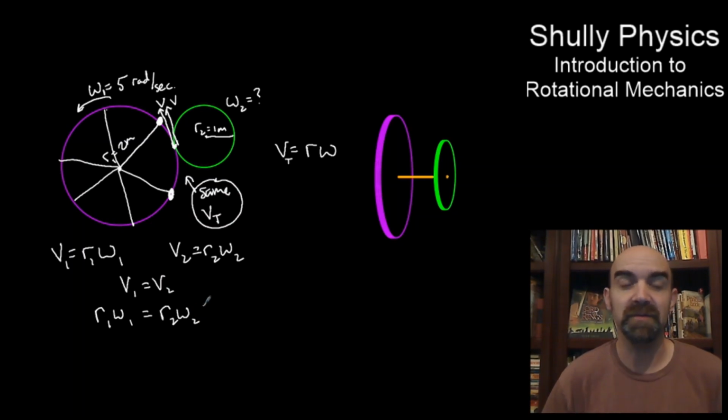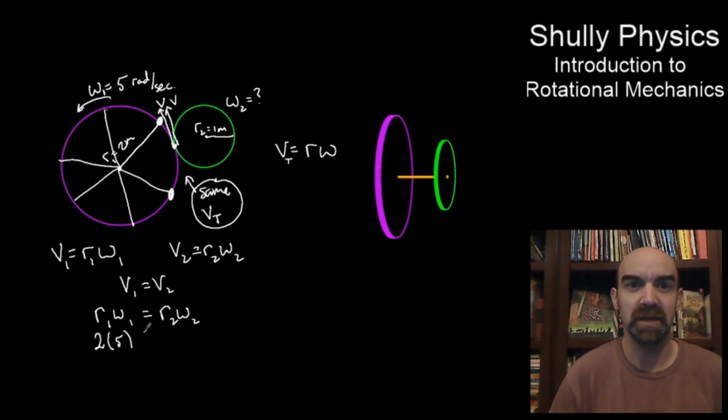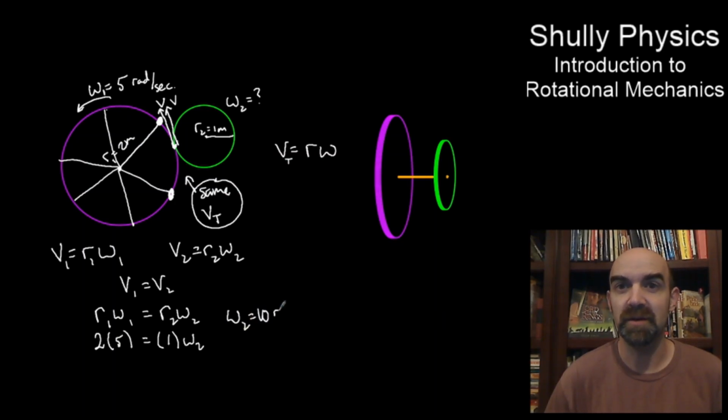Makes it very convenient for us. All we have to do is plug in our known radii and the angular velocity for the first one, 5 radians per second. Plug in the radius of the second one, 1 meter, and it's very easy to solve for the angular velocity of the second one. So 2 times 5 is 10, divided by 1 is still 10. So omega 2 is 10 radians per second.